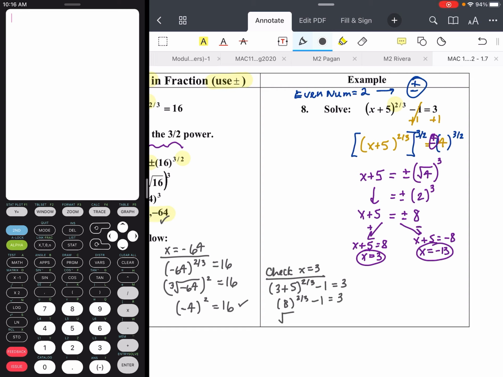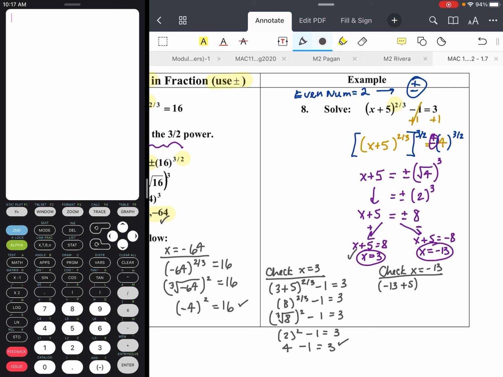The cube root of 8 raised to the power 2 minus 1 should equal 3. So 2 squared minus 1 should equal 3, which means 4 minus 1 should equal 3. So that works. Awesome.